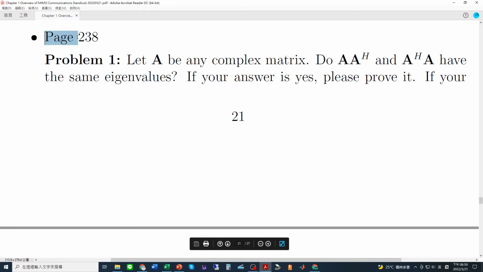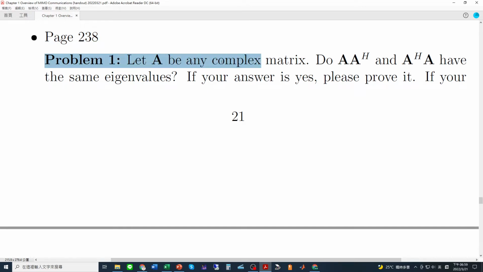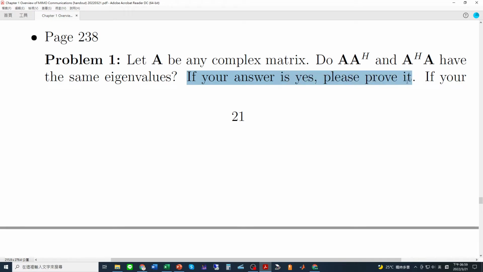Okay, page 238, problem 1. Let A be any complex matrix. Do A times A Hermitian and A Hermitian times A have the same eigenvalues? If your answer is yes, please prove it.